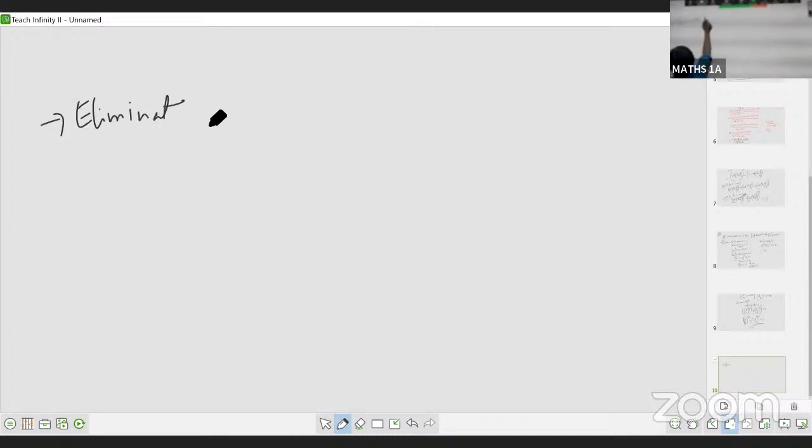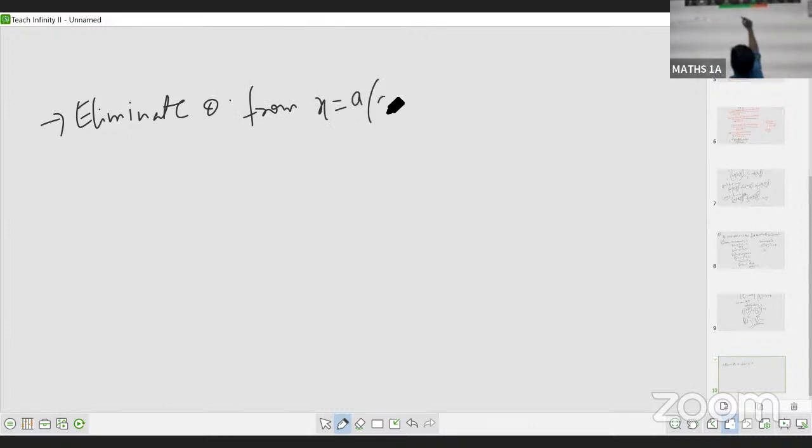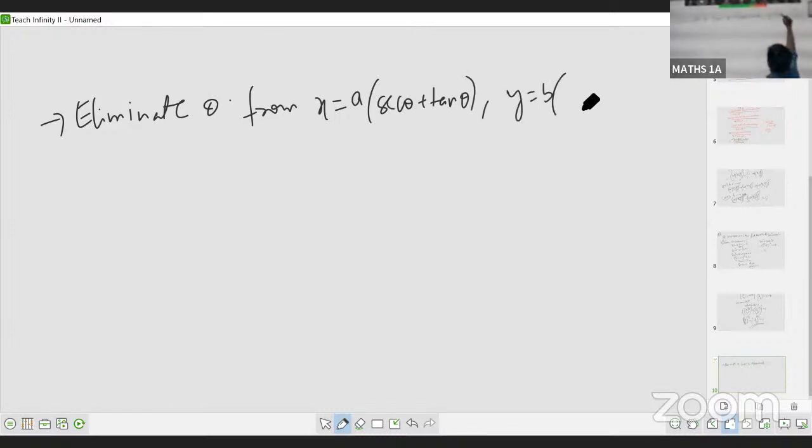Eliminate theta from x equal to a into secant theta plus tan theta and y equal to b into secant theta minus tan theta.